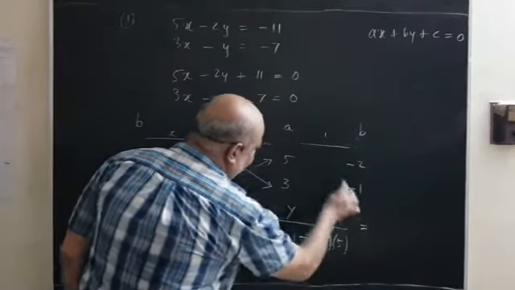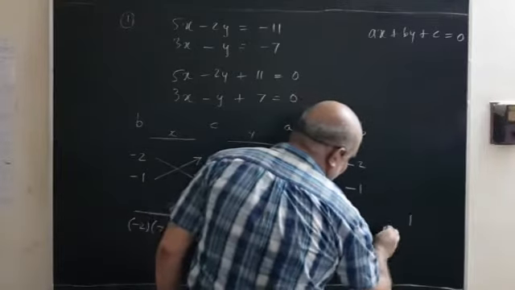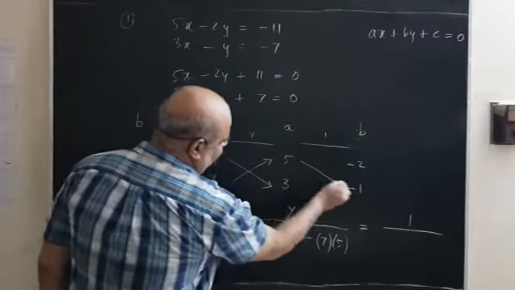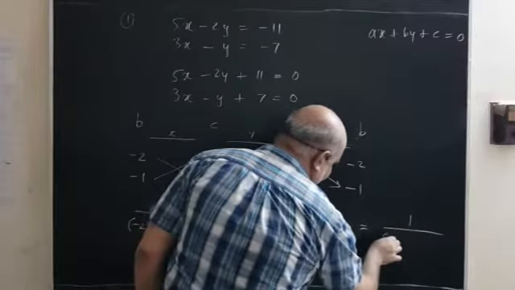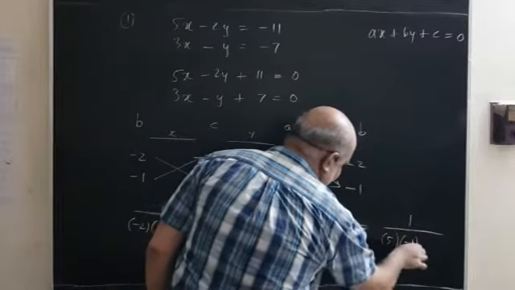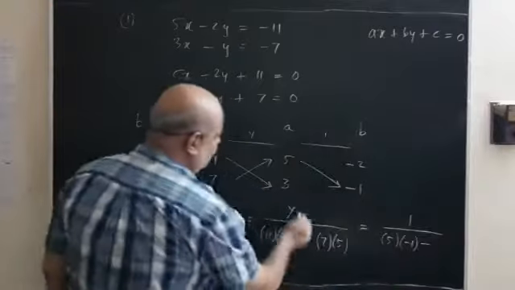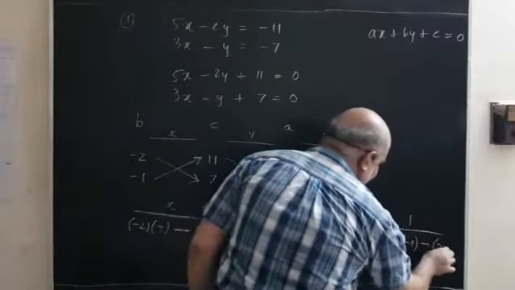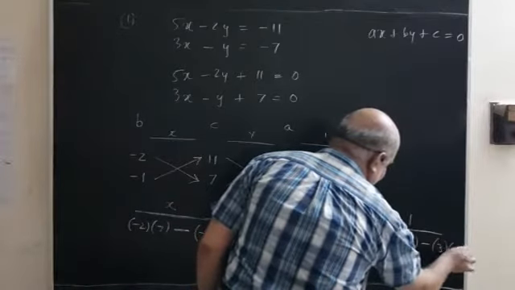That is equal to, finally, 1 divided by, I draw an arrow again, this multiplied by this, 5 multiplied by minus 1, minus, again an arrow like this, 3 multiplied by minus 2.